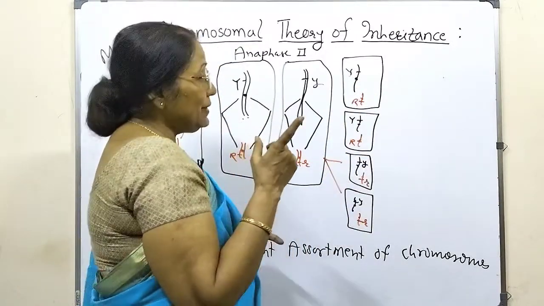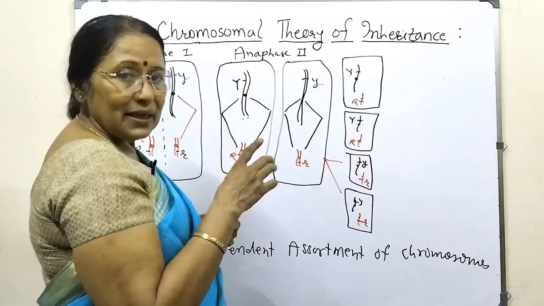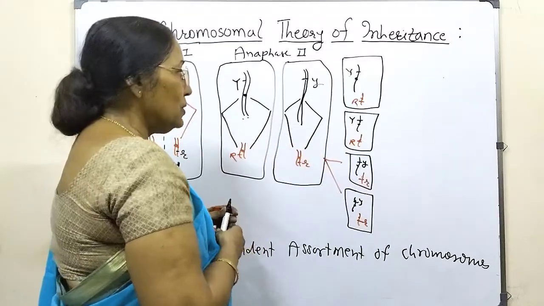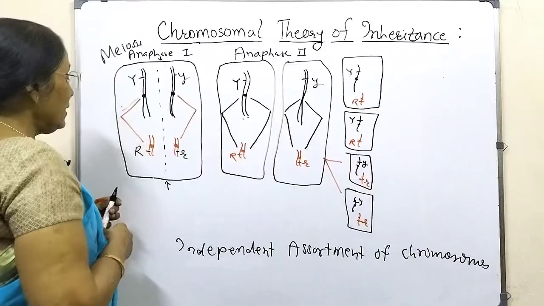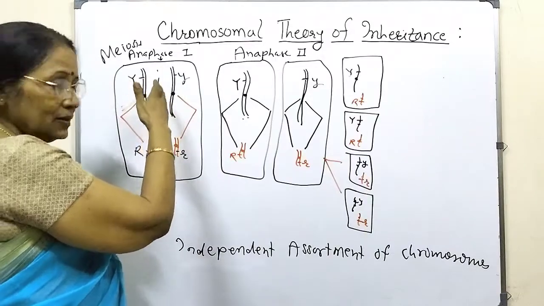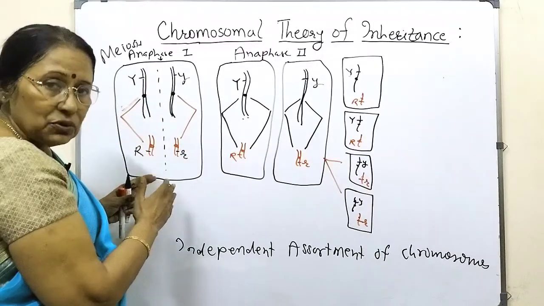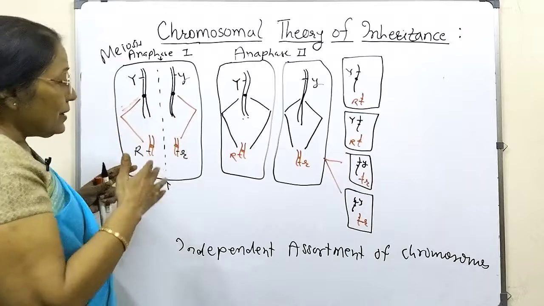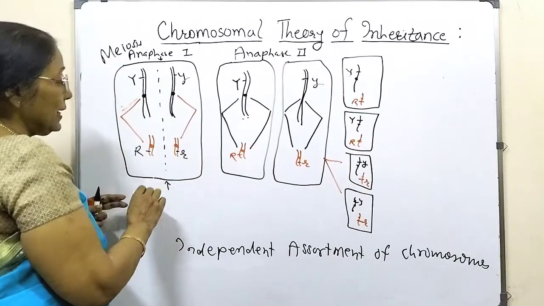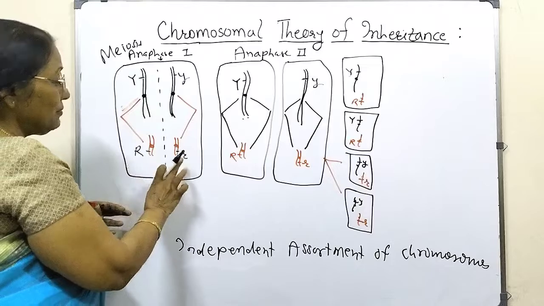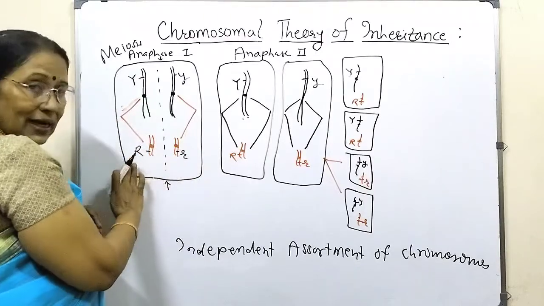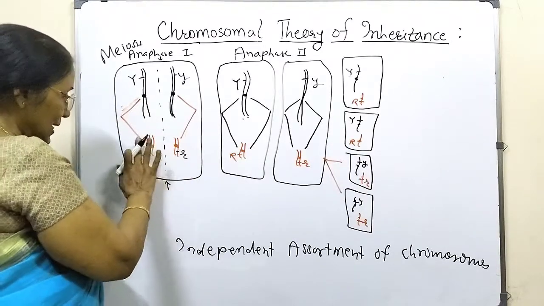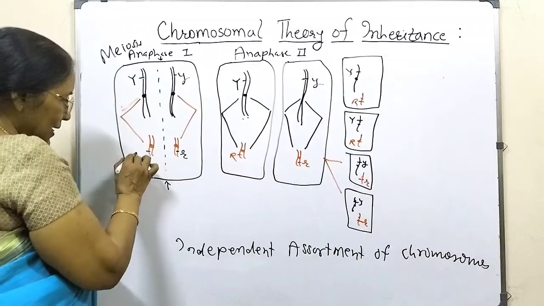How can the second possibility come about? That is yellow wrinkled and green round. How will it happen? Simply, this is the arrangement of the chromosomes on the metaphase plate. In the arrangement it can happen that the small r chromosome stands on this side and the capital R stands on this side. In that case what will happen?